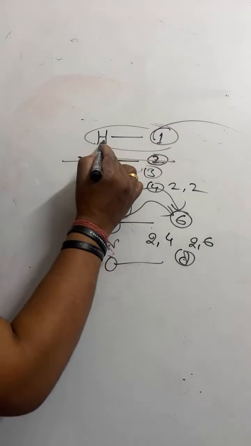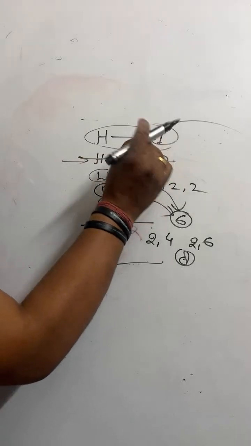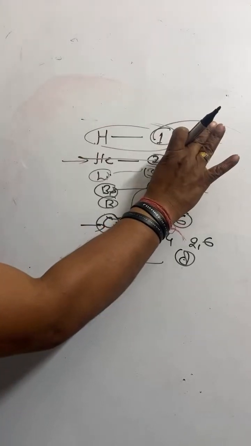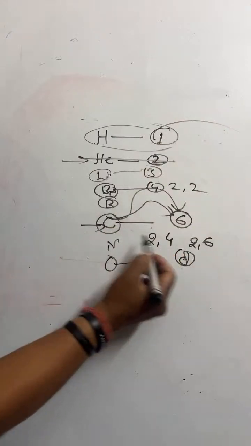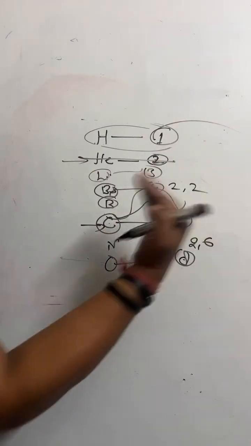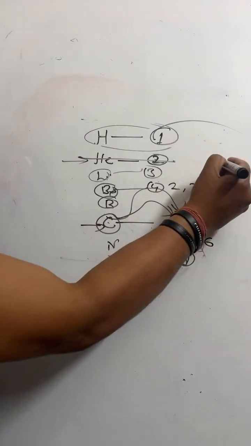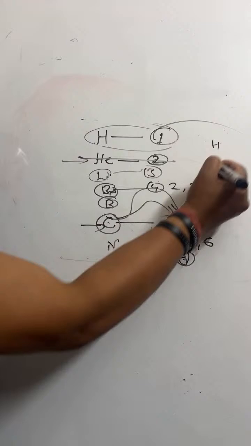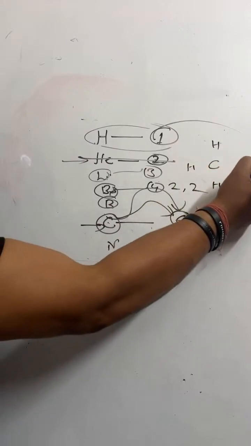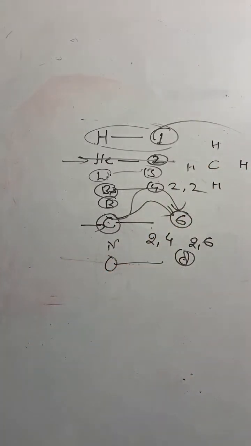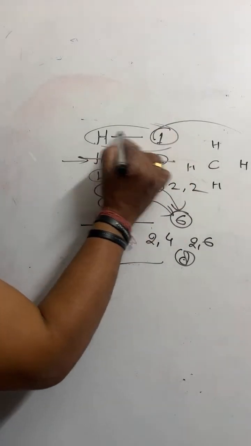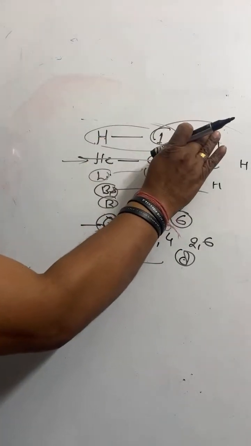So here hydrogen has the tendency to give 1 electron, and carbon has the tendency to take 4 electrons. So what happens? Carbon combines with 4 hydrogen, because each hydrogen is going to donate 1 electron.